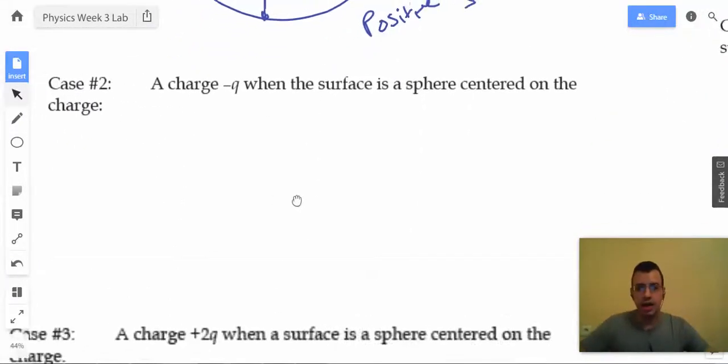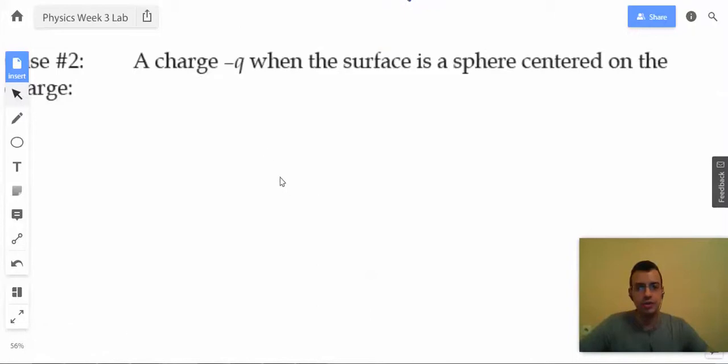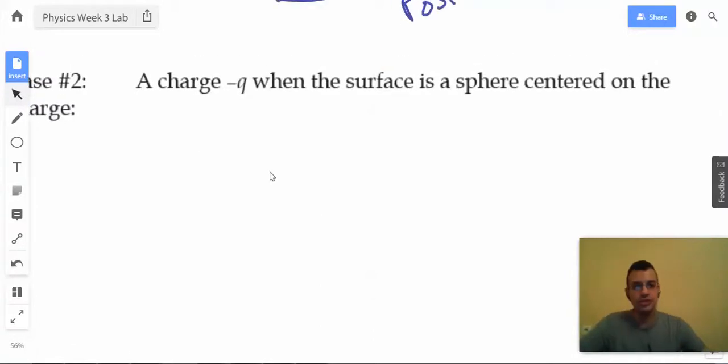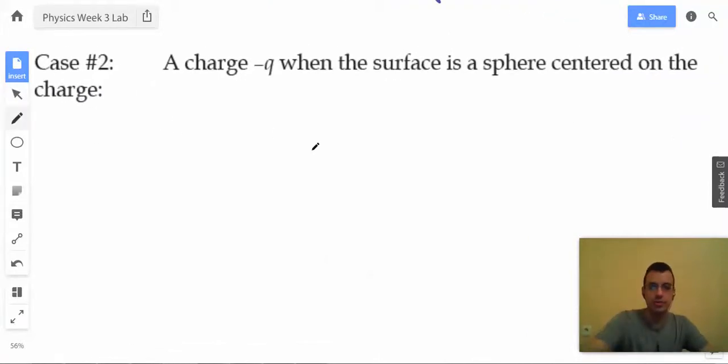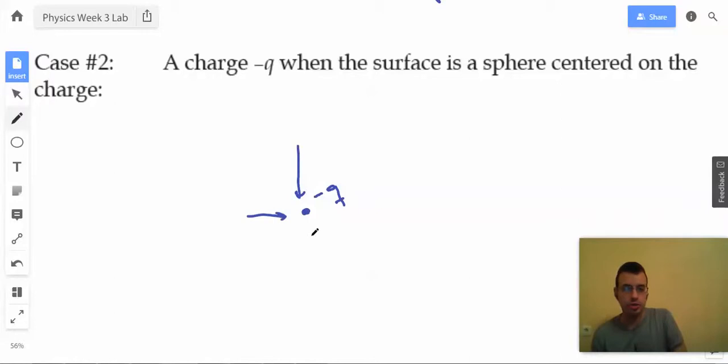All right, a charge negative Q, when the surface is a sphere centered on the charge. Same question as before, except this time we have negative Q. So the arrows are going to point inward. I'm going to draw a sphere again.